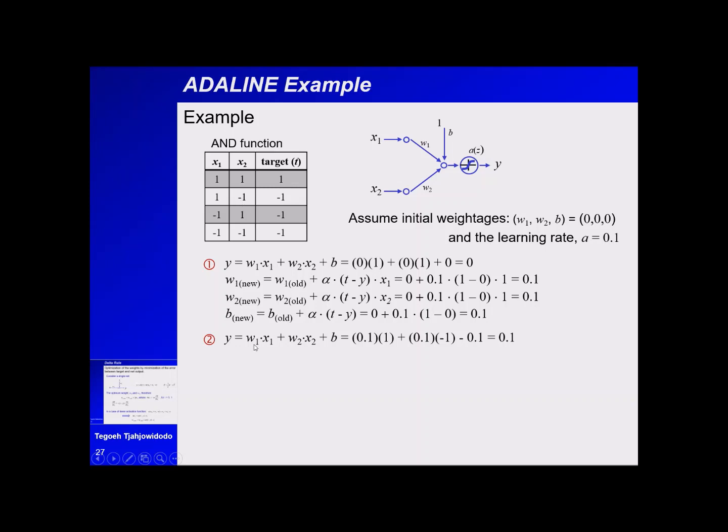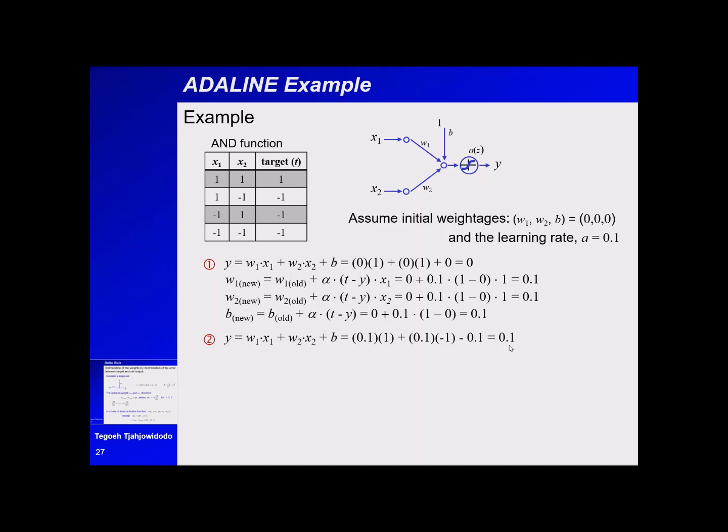The current W1 is 0.1 times X1, which is 1, plus the current W2, 0.1 as well, times the second input of the second data set, minus 1, plus B. That B is supposed to be a positive 0.1 here. Sorry for this, but this should be positive here. So it will be equal to 0.1.